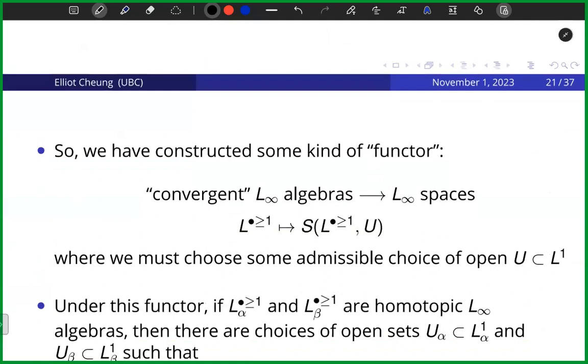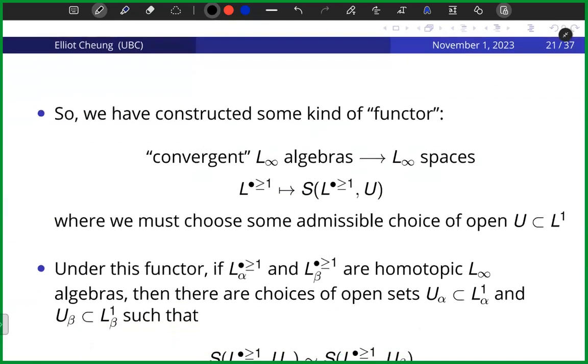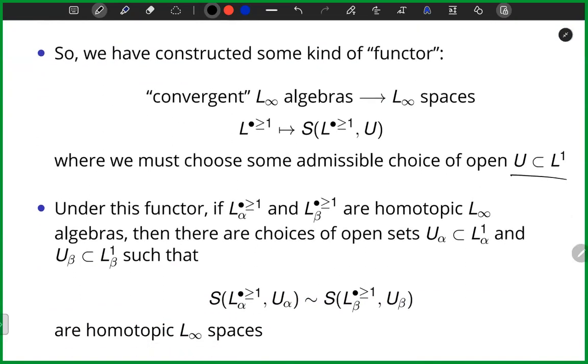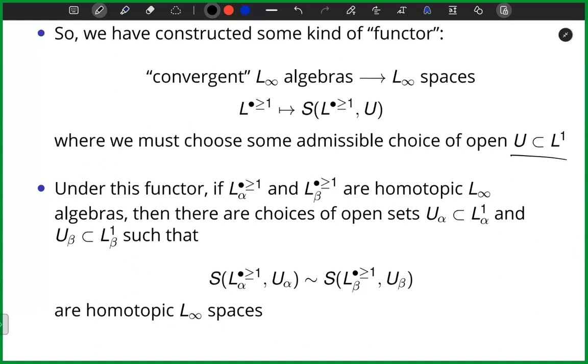So we have some sort of functor that goes from L infinity algebras that have this convergence condition to L infinity spaces, where you must choose some sort of open set. Under this functor, if I have homotopic L infinity algebras, then there are choices of open sets U alpha and U beta, so that these are homotopic L infinity spaces.